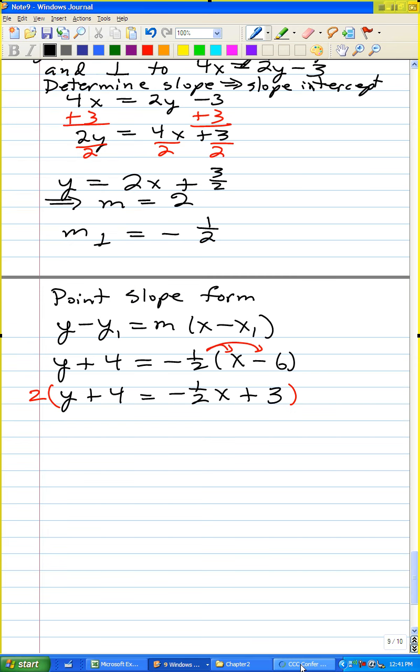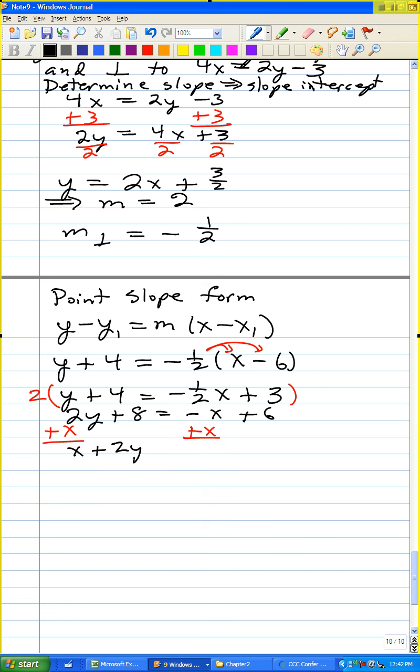Okay. So let's multiply by 2. So I get here 2y plus 8 equals a negative x plus 6. Let me add x to both sides of my equation. So I have here x plus 2y plus 8 equals 6.